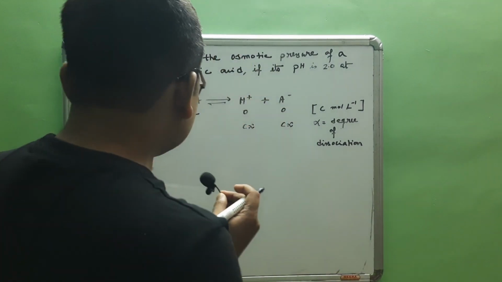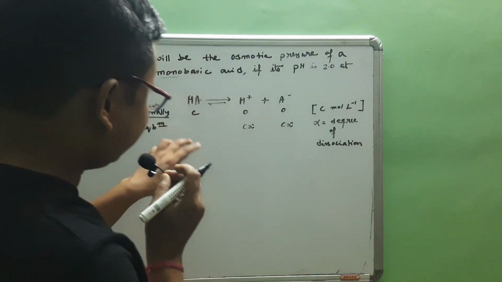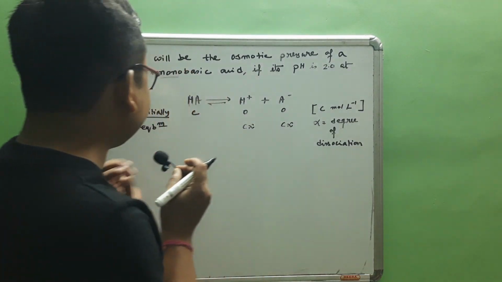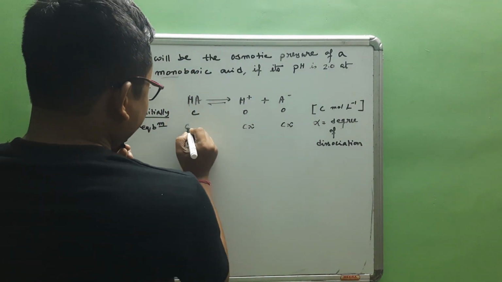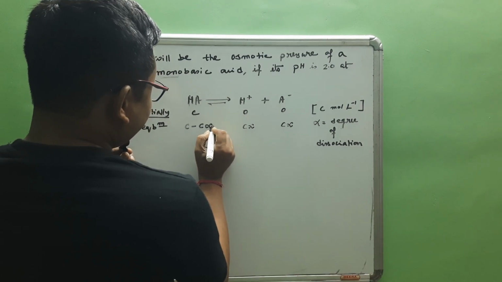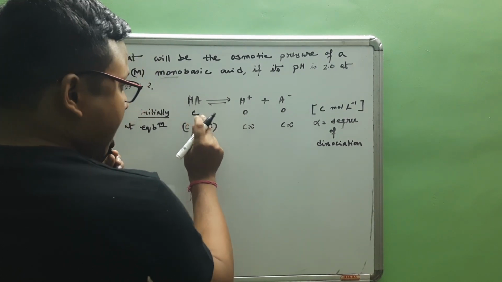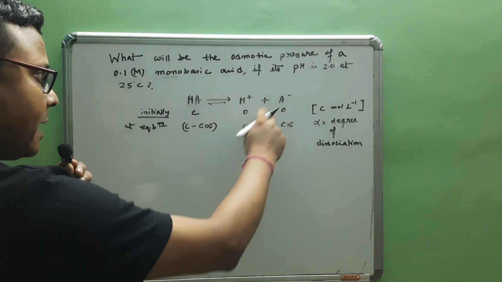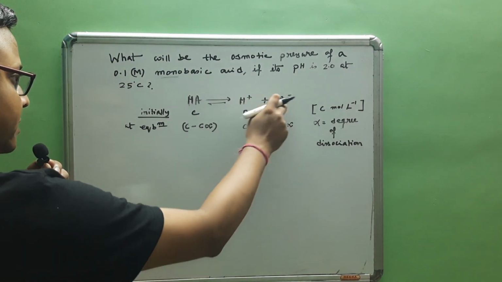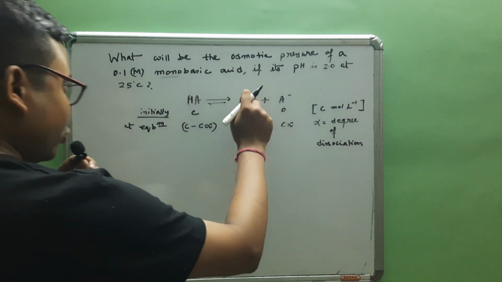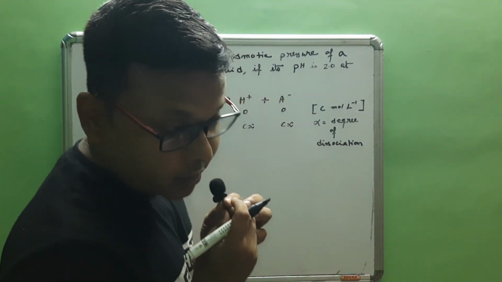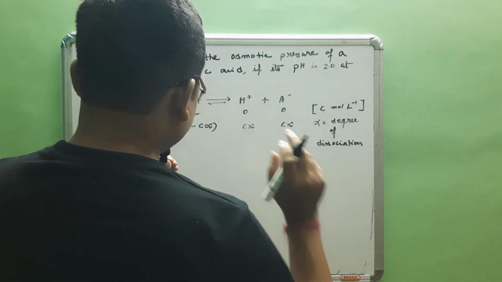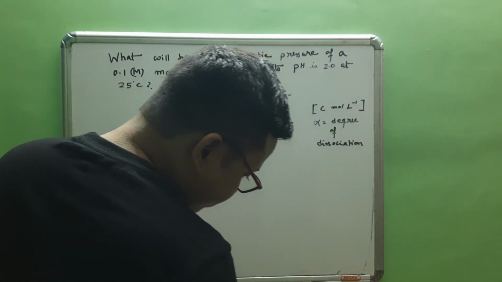So the reactant HA that is left intact will be C minus C alpha, because it starts from C and dissociates to give H plus as C alpha mole and A minus also C alpha mole, as both are produced in equal number. So this is the equilibrium.